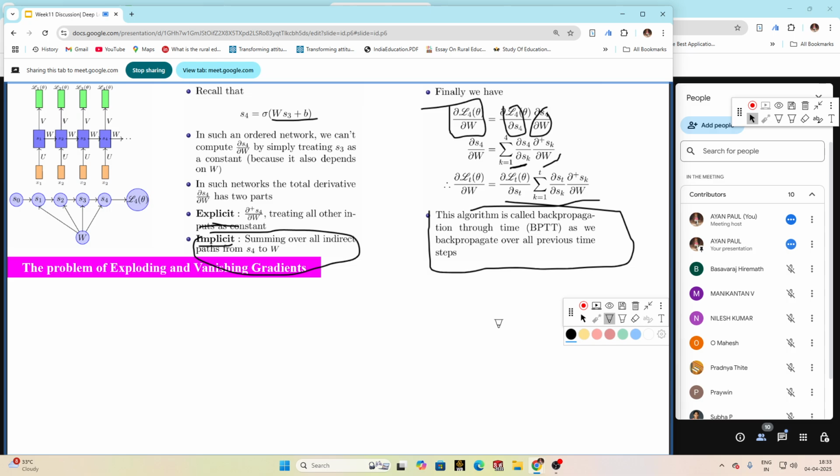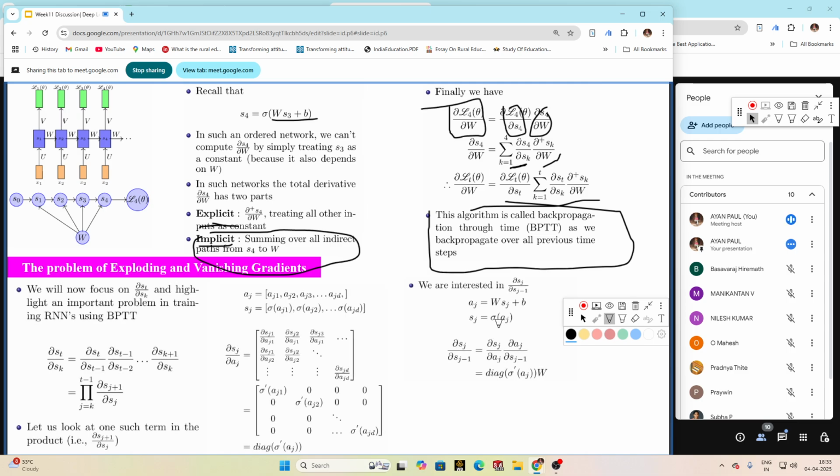Now another problem of this backpropagation through time is the problem of exploding and vanishing gradient. Let's understand what this problem is. This explicit term is okay, but see the implicit term.